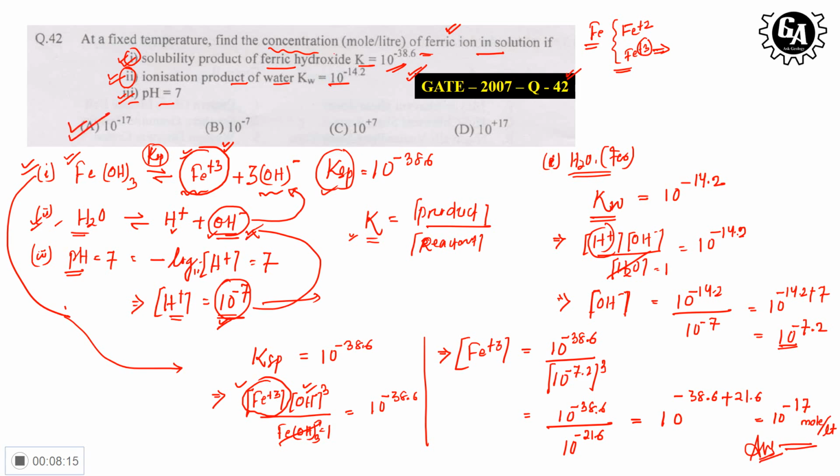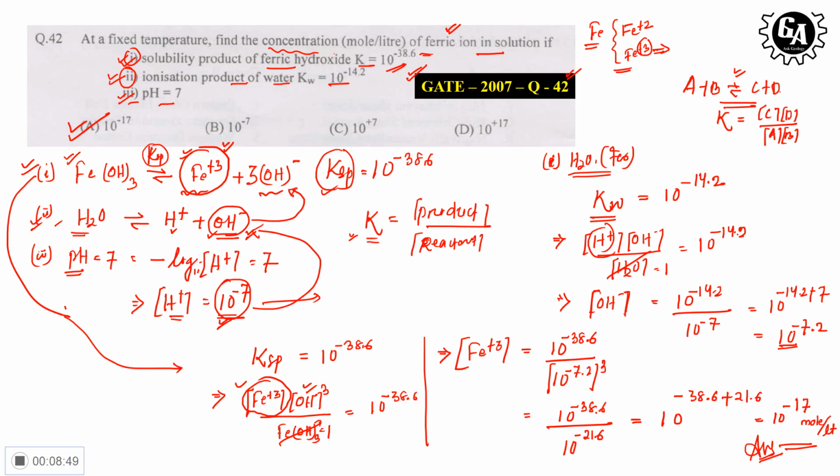Okay, all clear? This is related to your solubility product, or you can call it the equilibrium constant. When A plus B give rise to C plus D, if it is an equilibrium reaction, then it should have some equilibrium constant K, which will be calculated as CD by AB.